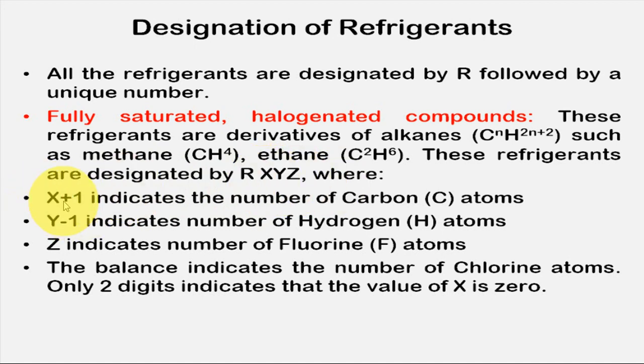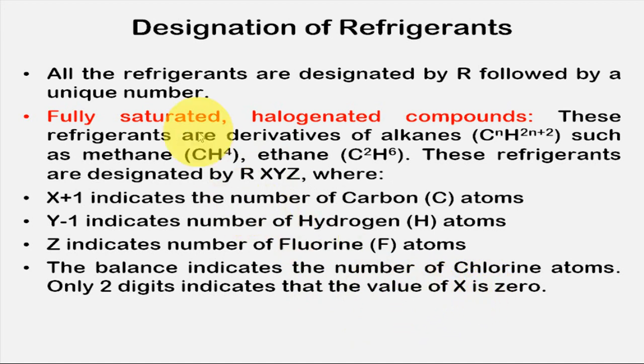In that number, X plus 1 indicates the number of carbon atoms, Y minus 1 indicates the number of hydrogen atoms, Z indicates the number of fluorine atoms present in that refrigerant, and the remaining balance indicates the number of chlorine atoms. If there are only two digits after R, then the value of X is 0.